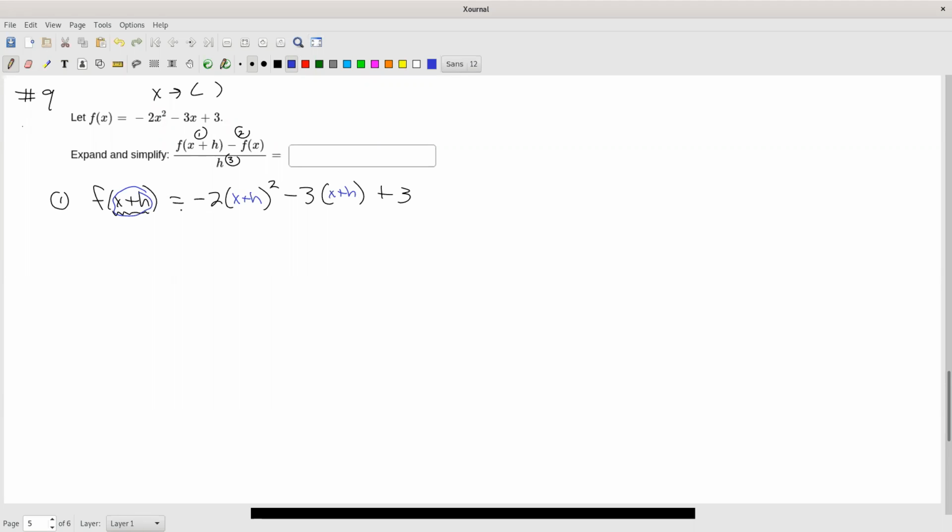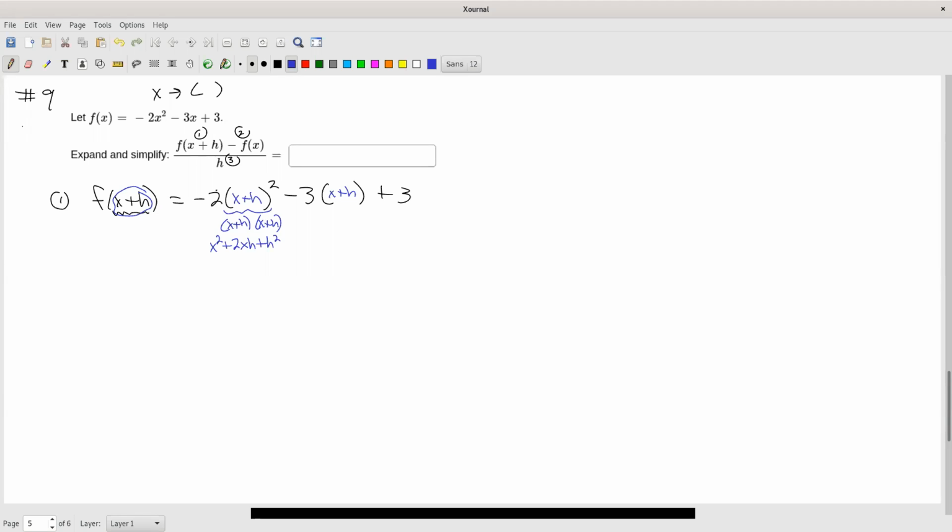And then clean it up. There is no shortcut for squaring something. So that right there, you just have to calculate x plus h times x plus h. So when we do that, we're going to get an x squared, we're going to get an xh outside and xh inside. So that's 2 xh's and then plus h squared.